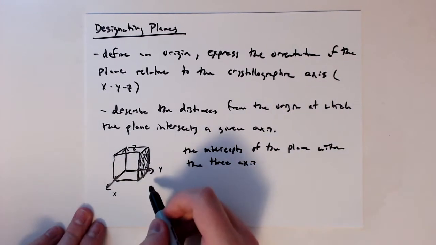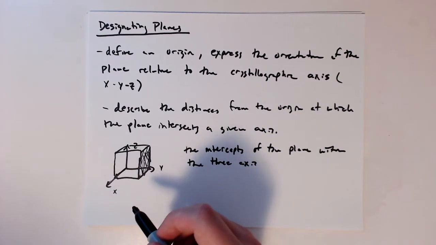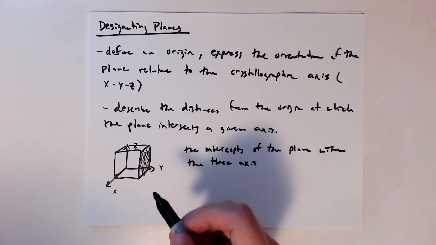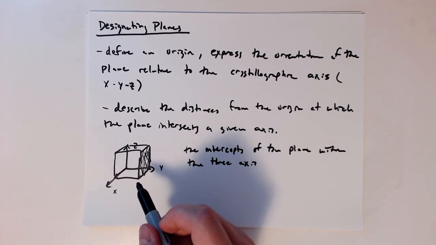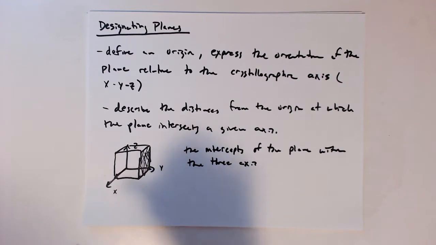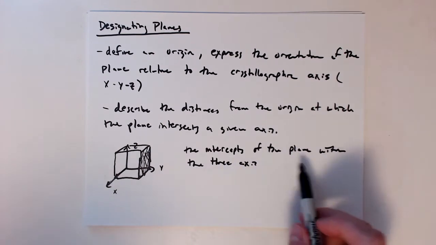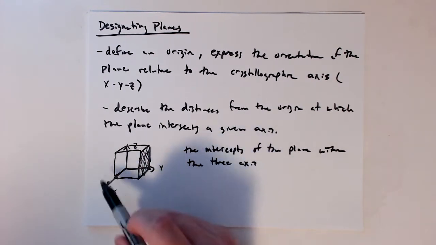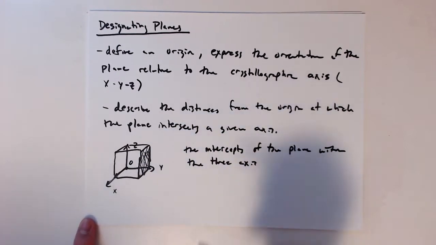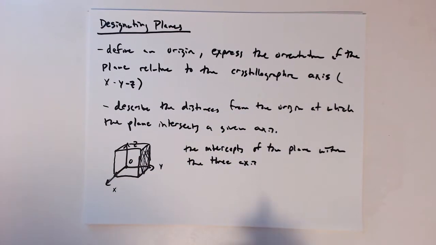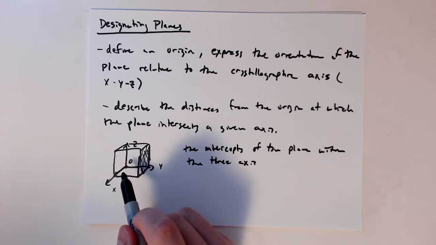And I draw it as x, y, and z, but if it's a non-Cartesian axis for other systems, it could be non-90 degree and so forth. But that's what we're going to do. So we're looking for the intercepts of this plane with the various axes that we have. And this point I defined as my origin O. Right? So we have to have an origin, our coordinate system with A, B, and C.